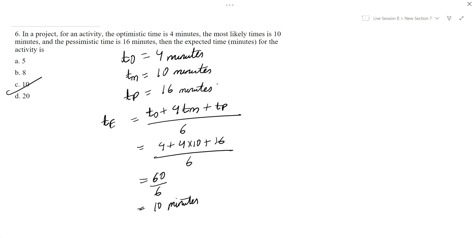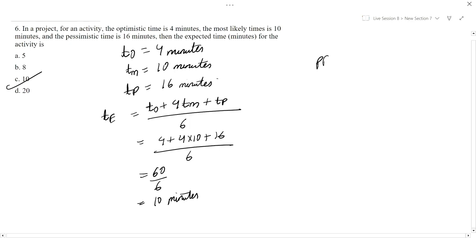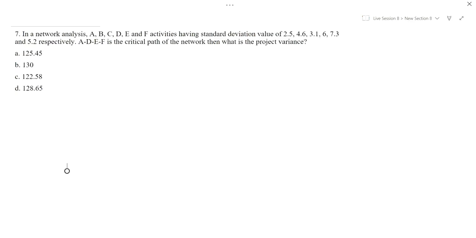Now the next question, this is a PERT question. In a network analysis, A, B, C, D, E and F activities have standard deviations 2.5, 4.6, 3.1, 6, 7.3 and 5.2 respectively. ADEF is the critical path.